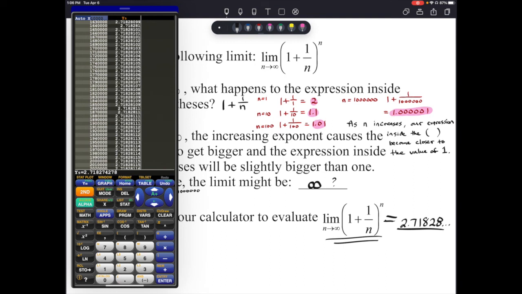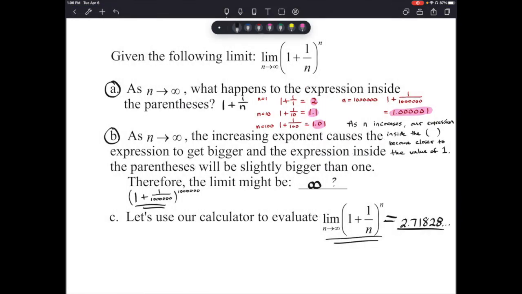Okay, now this value is a really important value in mathematics. Some of you may have seen it before, some of you maybe not, but this value is super important. Everybody knows that pi is equal to 3.1415, I think 9, yada, yada, yada there.